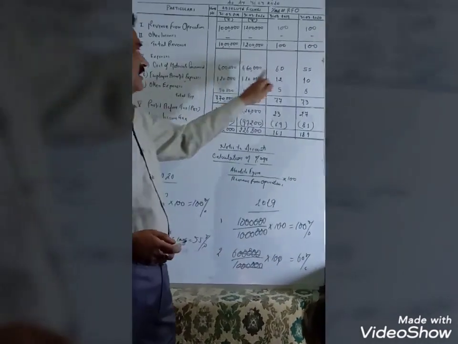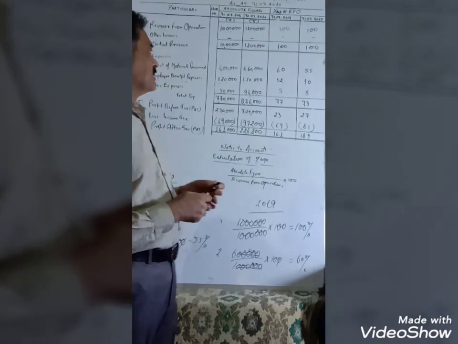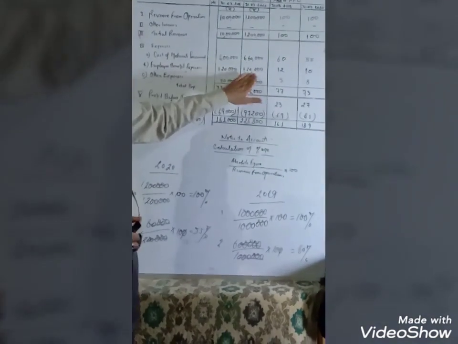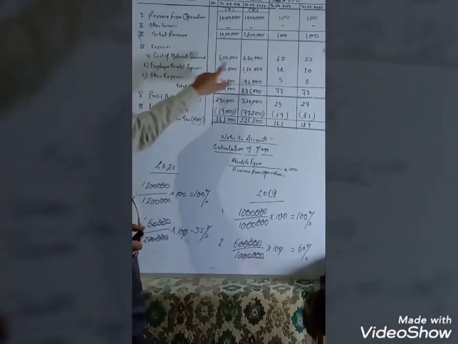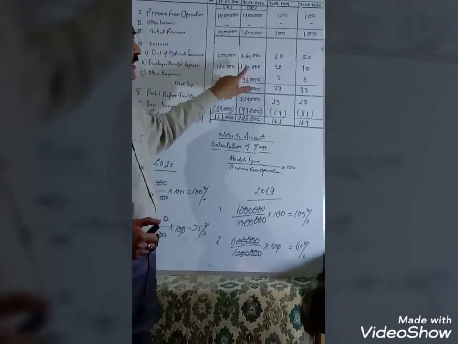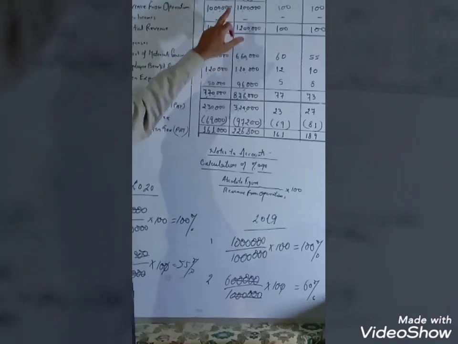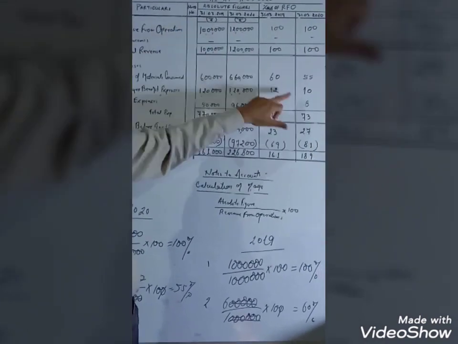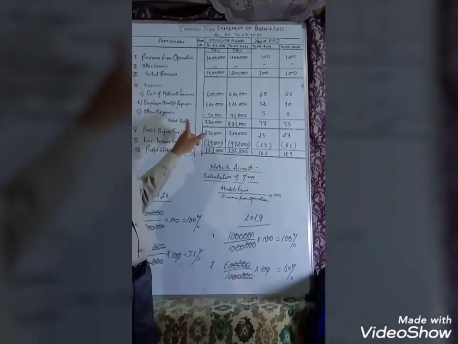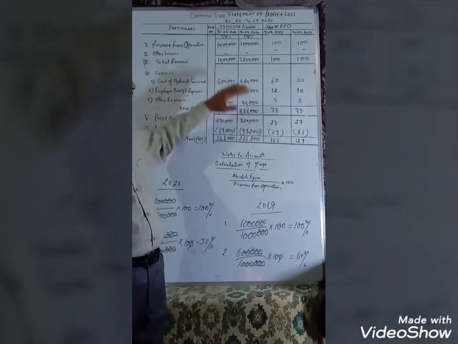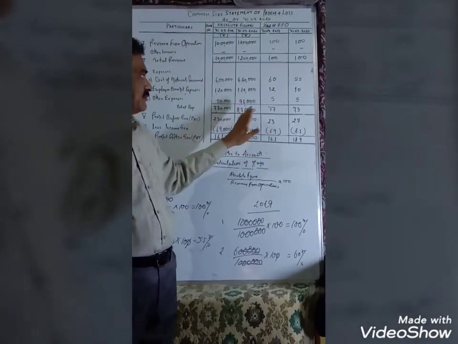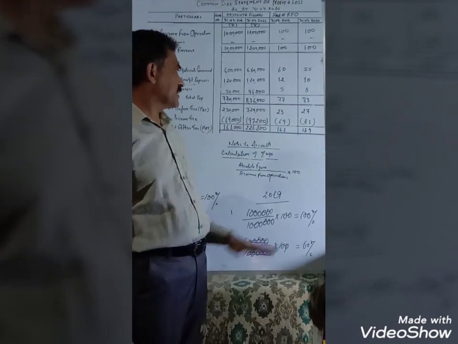So we have to mention here 55%. Now similarly, 1,20,000, this is employee benefit expenses, divided by 12 lakh multiplied by 100, we will get 10%. 96,000 divided by 12 lakh multiplied by 100, we will get 8%. And total expenses 8,76,000 divided by 12 lakh multiplied by 100, we will get 73%.